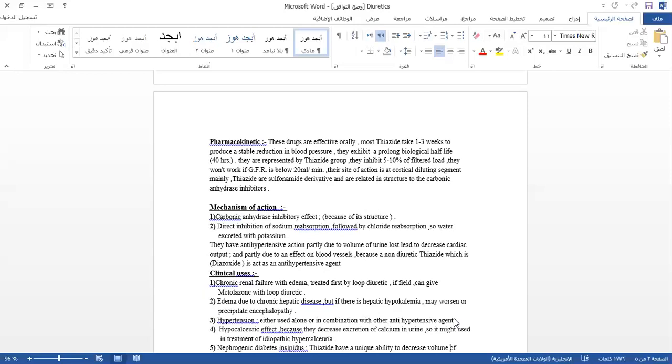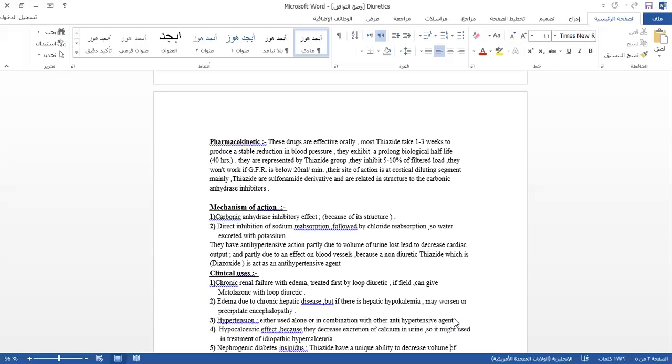That means there are drugs related to the thiazide but they are non-diuretic thiazides, structurally similar, that induce hypotension and can be used as antihypertensive agents not by inducing diuresis but by inducing vasodilatation. So it is called a non-diuretic thiazide, like diazoxide.